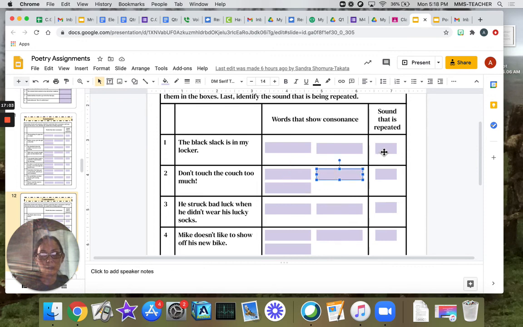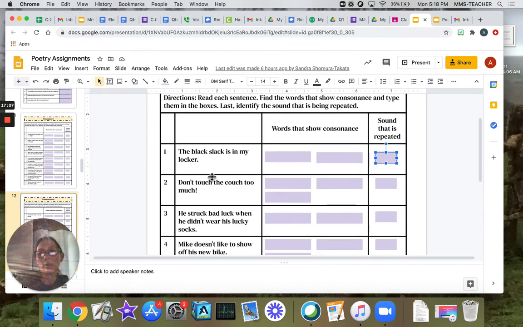And you're also going to type in the sound that is repeated in the last box. So number 1, the black slack is in my locker. You notice black, slack. So it's the K sound, the CK sound, that is repeated here.